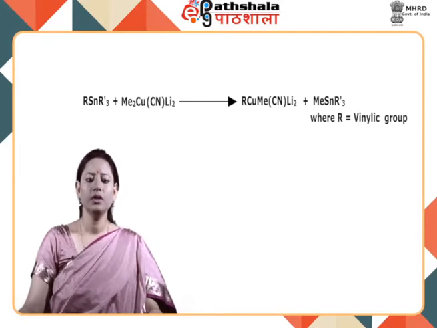SnR3 reacts with Me2CuCNLi2 to form RCuMeCNLi2, where R is a vinylic group. These molecules are too unstable to be isolated but are used directly in situ for conjugate addition reactions.